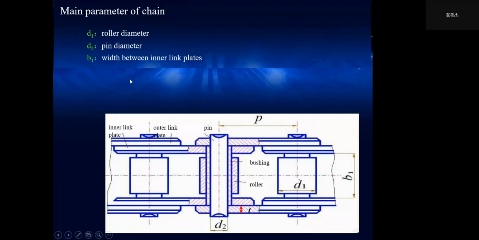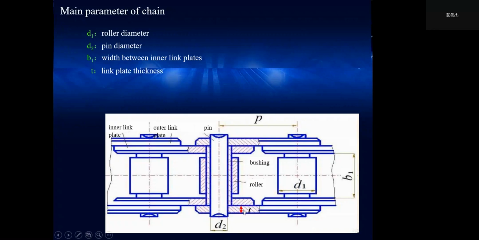And B1 is the width between either link plates. It's an interior dimension corresponding to the width of sprocket tooth.